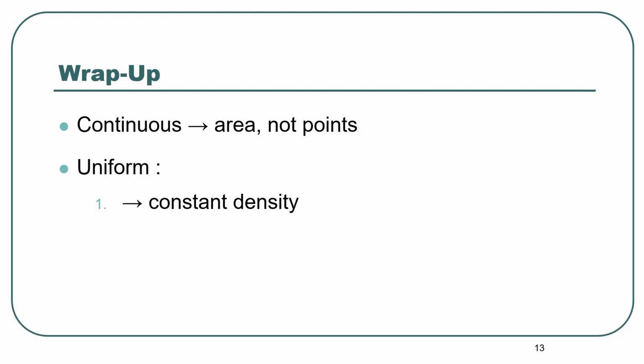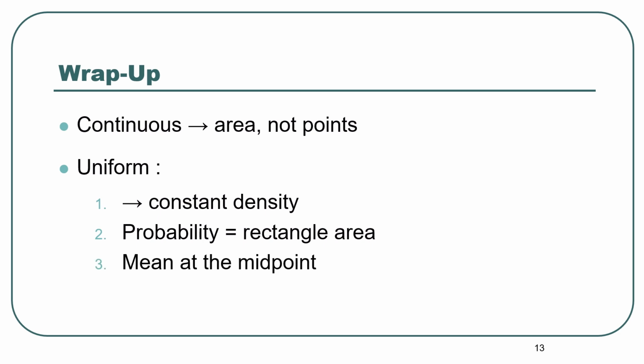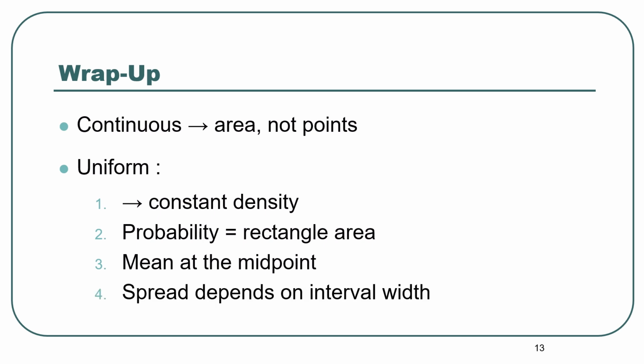The height is the same over the whole range of your x, and the probability is nothing but the rectangle area, and the mean is the midpoint or the mid-range. Spread depends on the interval width, because sigma squared is the width of our interval, squared, over 12, while sigma is the square root of that.